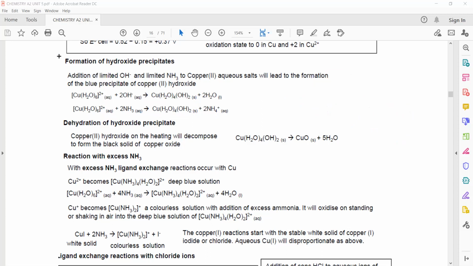So copy formation of hydroxide, and then why the precipitate dissolves.